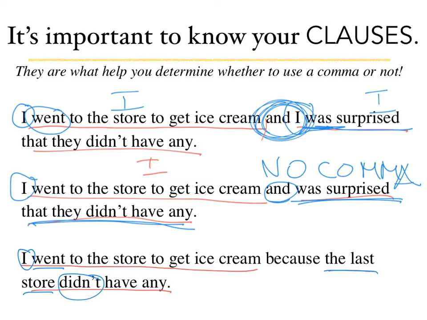And so here, you would think, oh yeah, I'm going to put a comma here, right? Right after ice cream. However, because is not a fanboys conjunction, you don't have a comma here. I know, pretty crazy. But that's part of the reason why you need to learn those fanboys conjunctions. What are they again? Remind yourself.